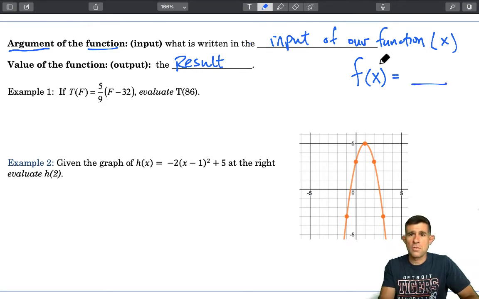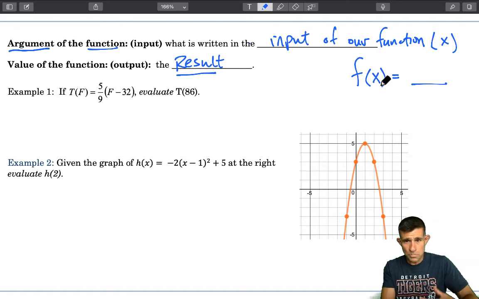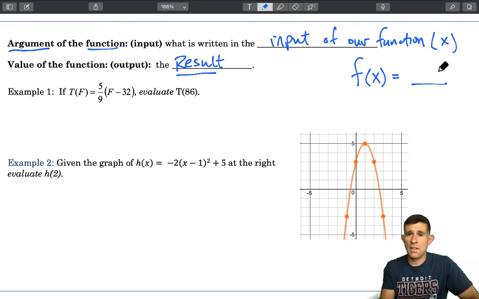So this x value is going to be known as the argument or the input of our function. The output, or the actual value of the function for that input, is known as the result. This comes from substituting that argument in and calculating that mathematical model with that input.